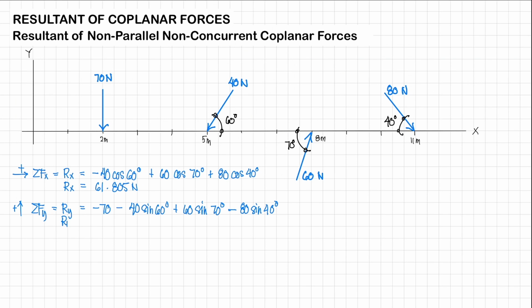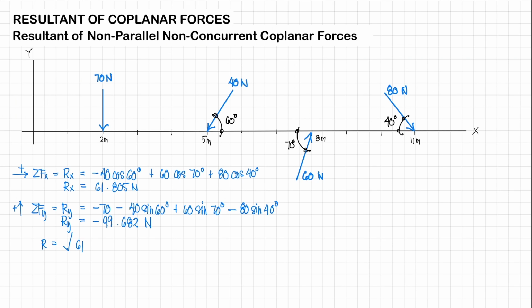So this is going to be equal to our vertical component of the resultant, and it has a negative sign and a magnitude of 99.682 newtons.